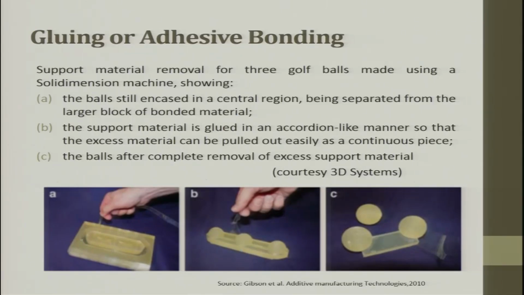Then in the second one, you see that the supporting material is glued in a manner so that the excess material can be pulled out easily as a continuous piece. After completely removing the excess material, you get 3 distinct golf balls. So you remove from here, then you remove from here, then you get 3 different balls.